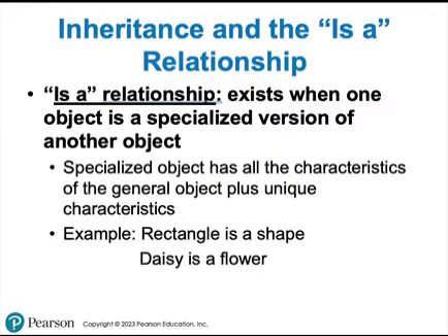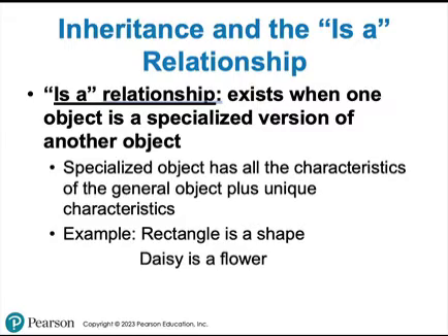Inheritance, we have a thing in object-oriented programming in general called ISA, and basically, grasshopper is an insect, bee is an insect, rectangle is a shape, daisy is a flower.